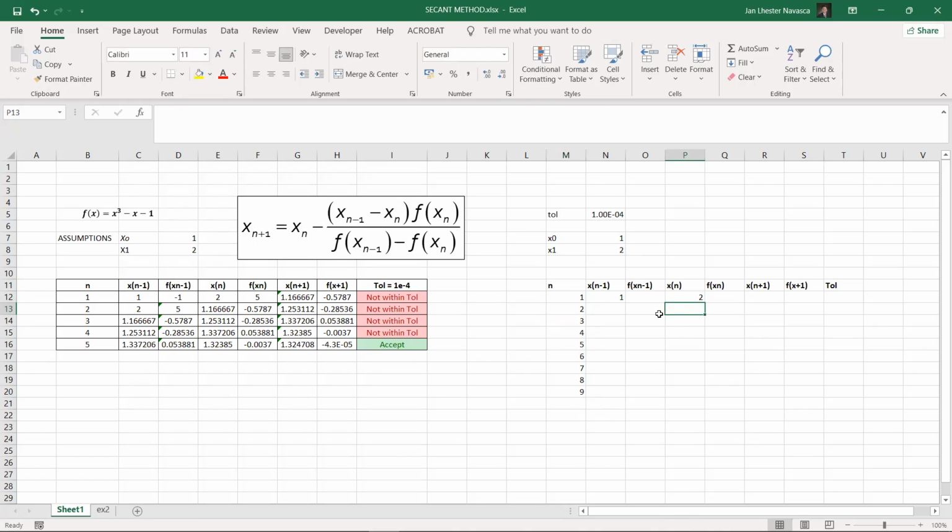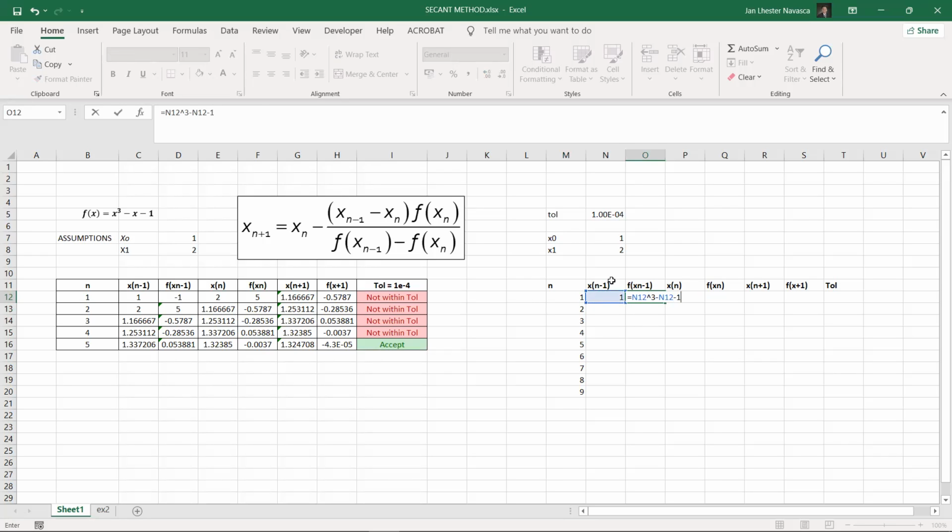So for your f of x sub n minus 1, syempre, kung ano yung function nyo, x cubed minus x minus 1, so lalagay mo lang din dito. So x cubed minus x minus 1.